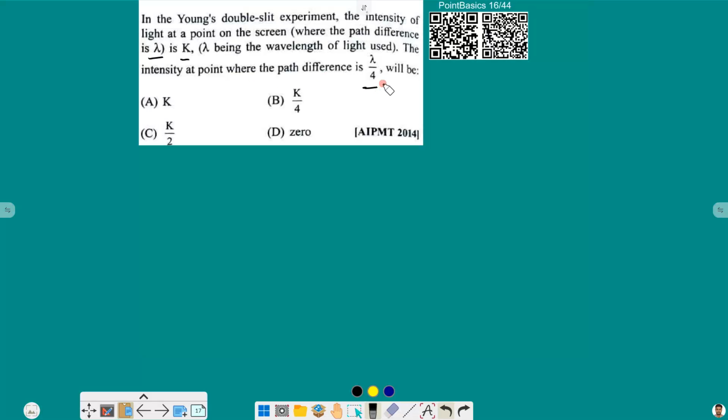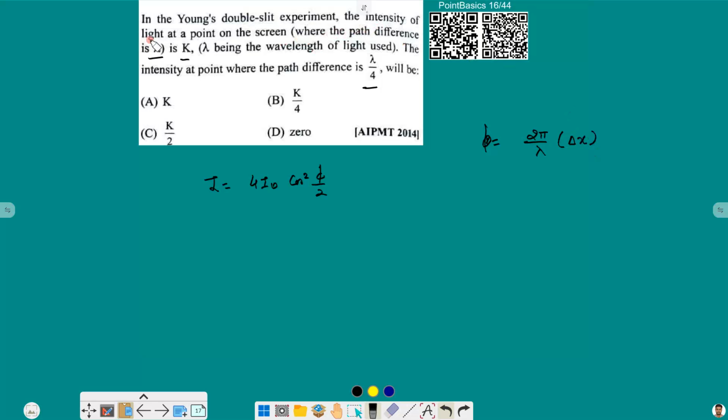So we know that, assuming both of the slits are emitting light with equal intensity, we have a relation that I is equal to 4 I naught cos square phi by 2, where phi is the phase difference, and phase difference phi is related as 2 pi by lambda times the path difference, where path difference is delta x.